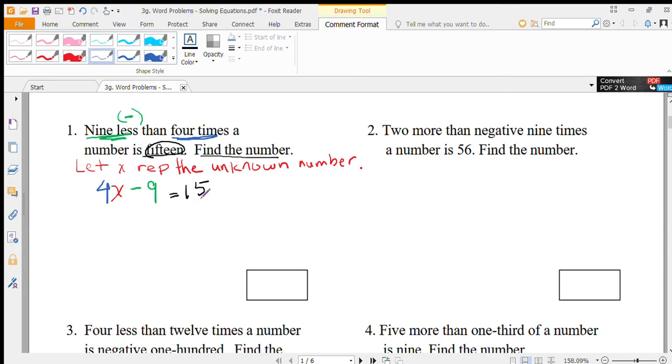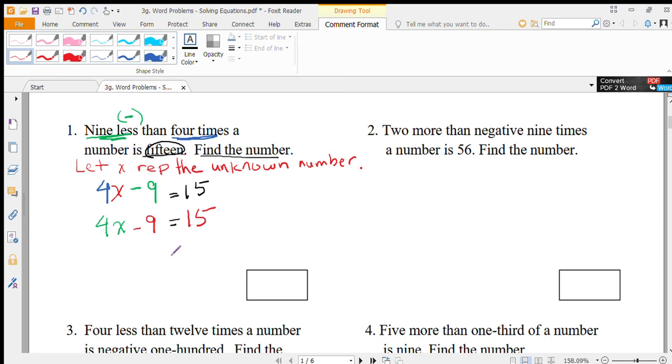So to make things a little bit clearer and to think back to the assignment, I'm going to make this 4x green, and I'm going to turn all the constants red. You don't have to do this extra step, but for those who have a hard time identifying what to collect, this makes it easier.